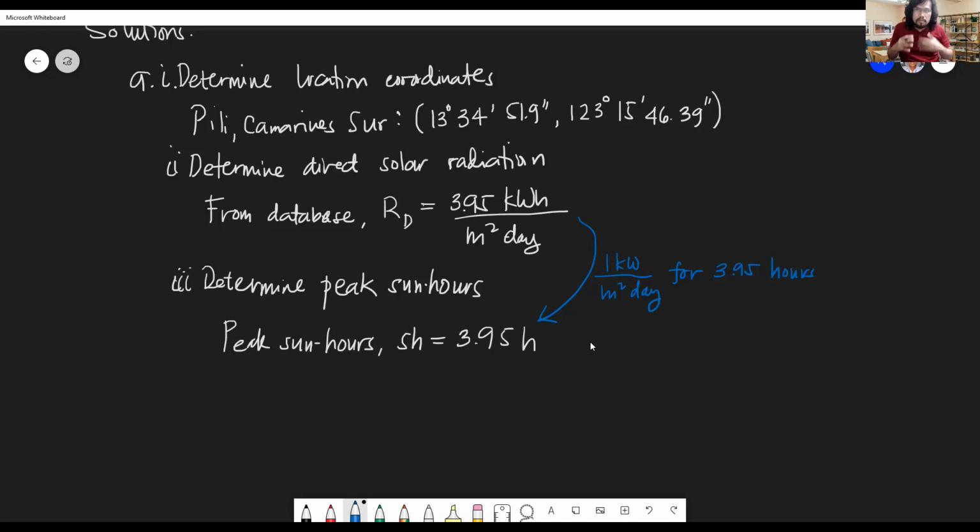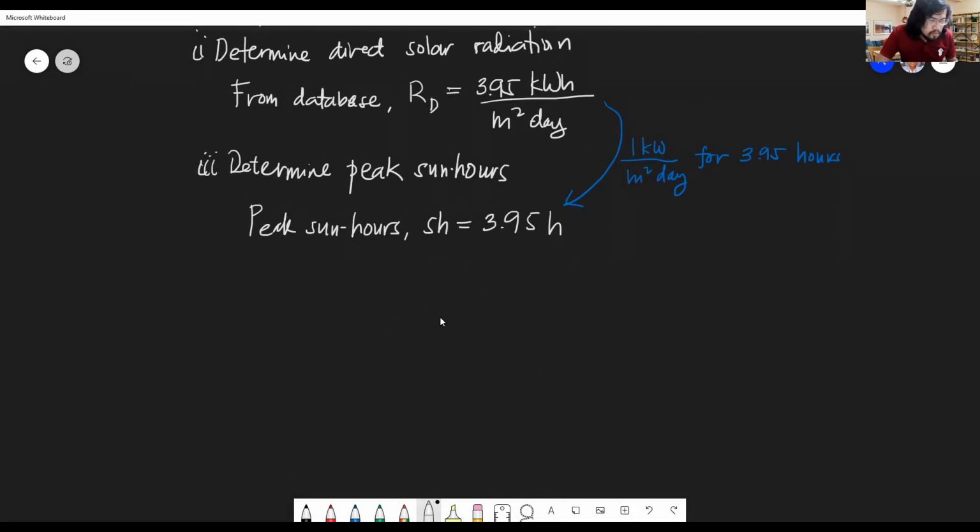That is the other understanding or interpretation for that. So we have the SH now as 3.95 hours, or let's rewrite it as H. Now what we do next is to determine the power requirement for our location.